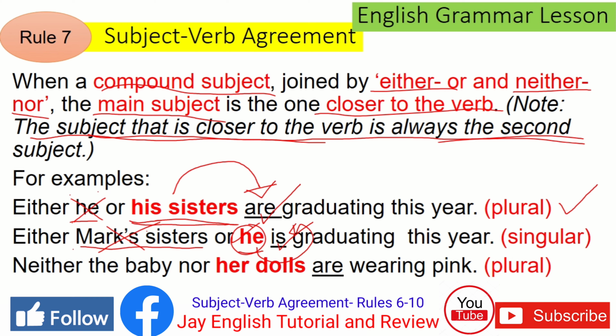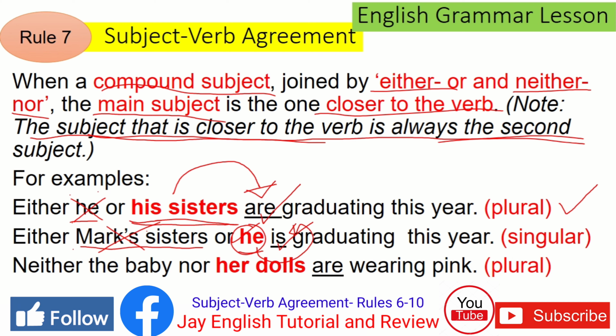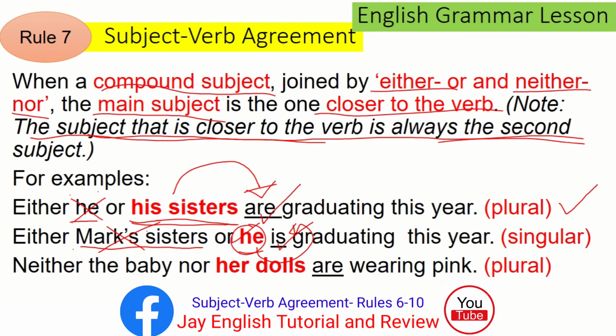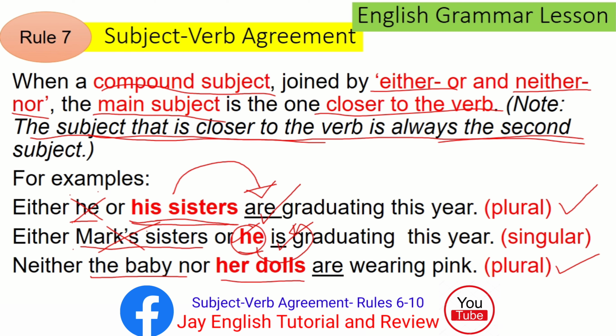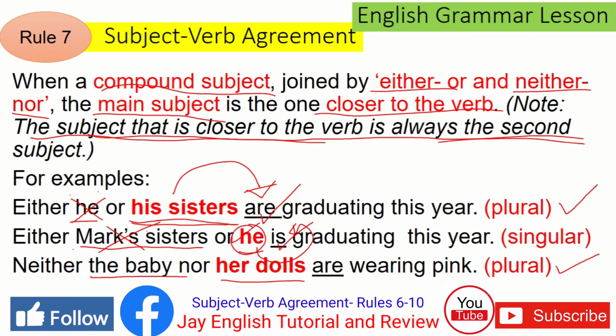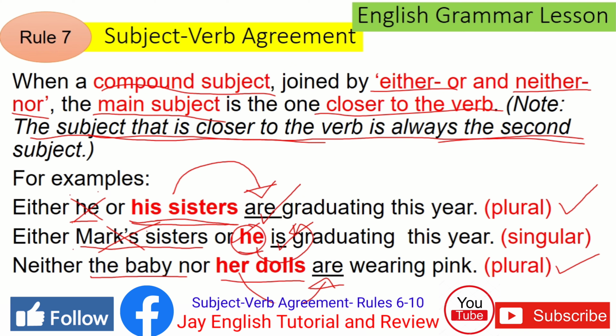Another example, "Neither the baby nor her dolls are wearing pink." So in this example, we are using the plural verb. Let's check first our compound subject. We have the baby, then her dolls. Going back to the rule, the main subject is the one closer to the verb, and it is always the second subject.